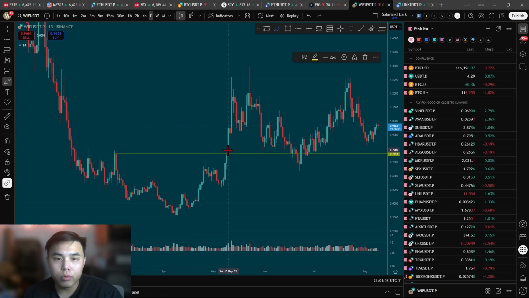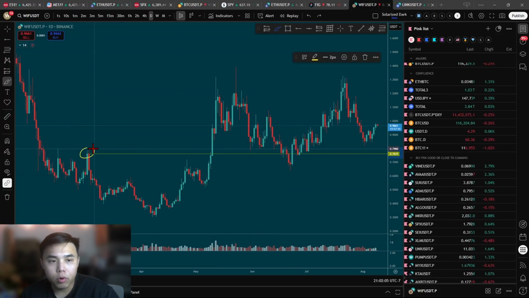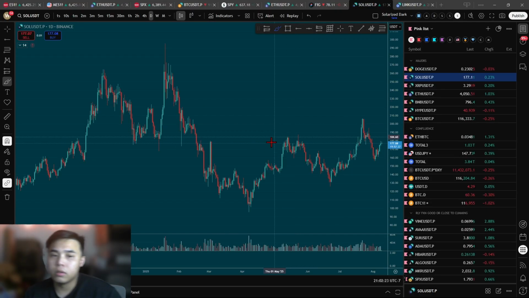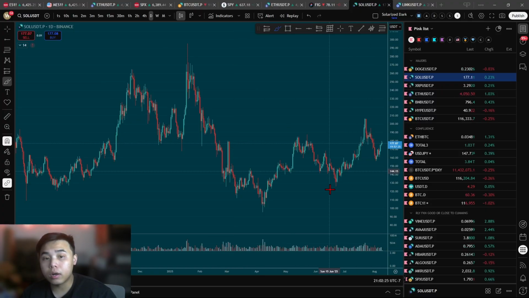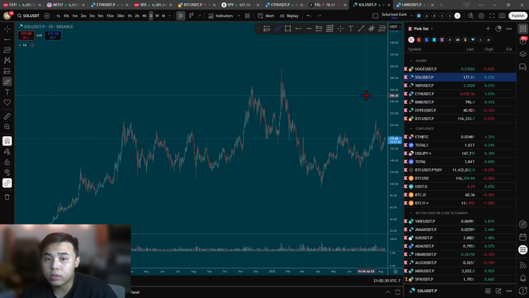When WIF broke through these SBR highs, I think this was a long to potentially take. There were a bunch of other coins that broke free from this SBR high, and it made huge moves that day when it did. So we know that SBR highs defined some sort of level on some coins.